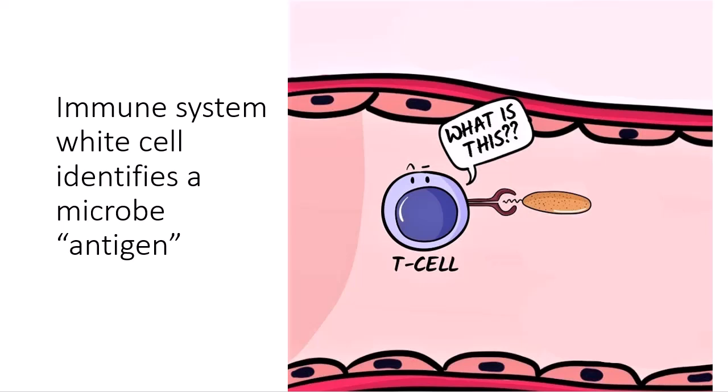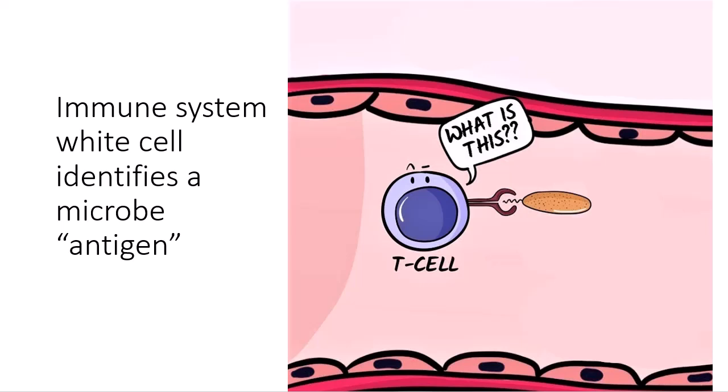Here's a white cell that is in the process of inspecting something that it has found within the body. You see that it's in what looks like a small blood vessel, and it has identified a surface protein on this microbe, and it's going, what is this? And it will compare that protein to what it knows is a typical protein of self.